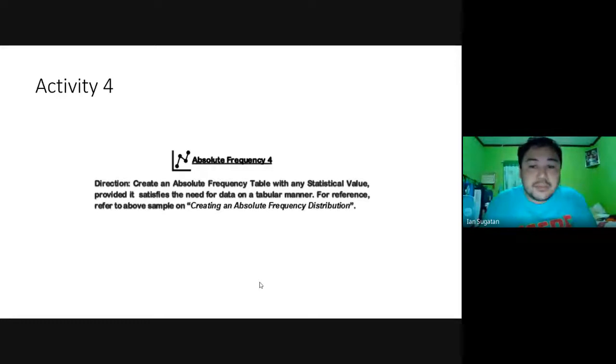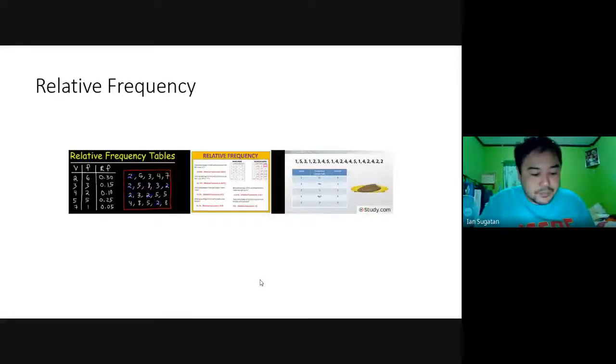For relative frequency, it is just the ratio and proportion, which depicts the percentage of any value for a population. Like the absolute frequency that we discussed a while ago, your relative frequency, or empirical probability of an event, is the absolute frequency normalized by the total number of events.